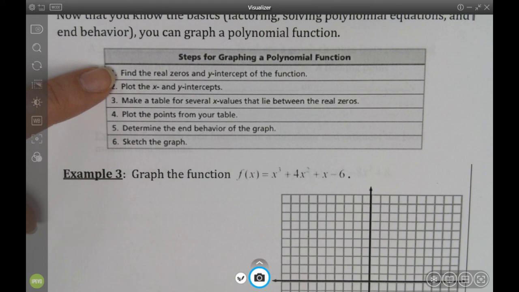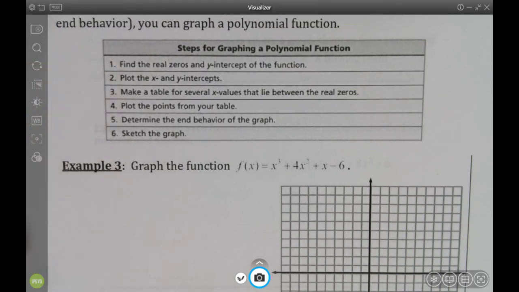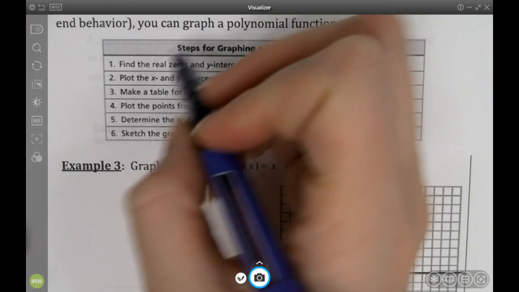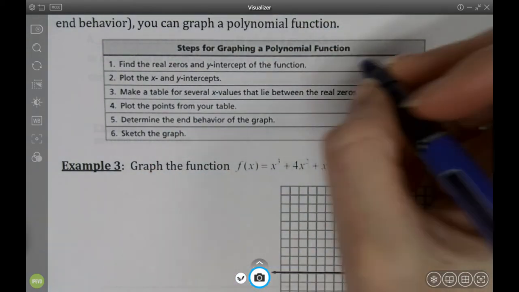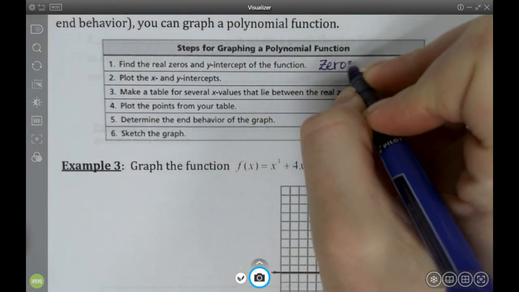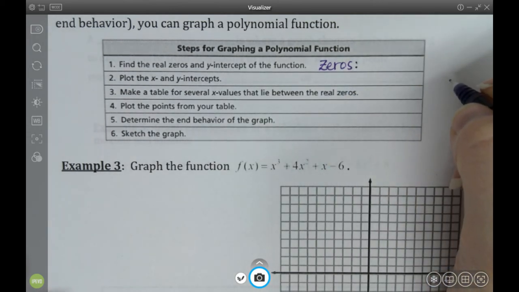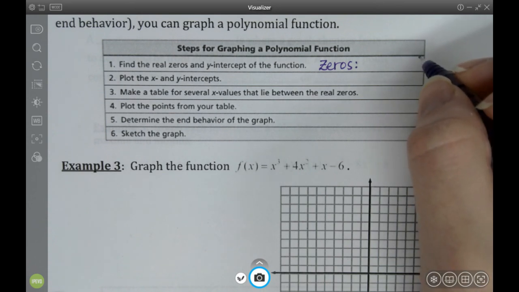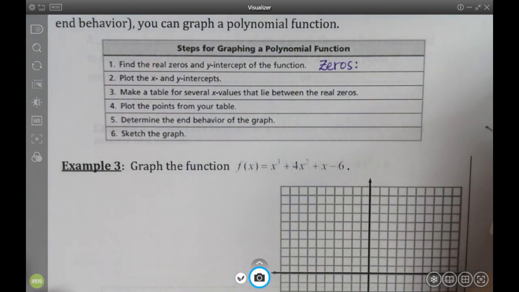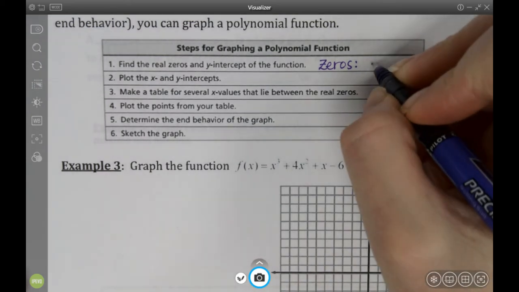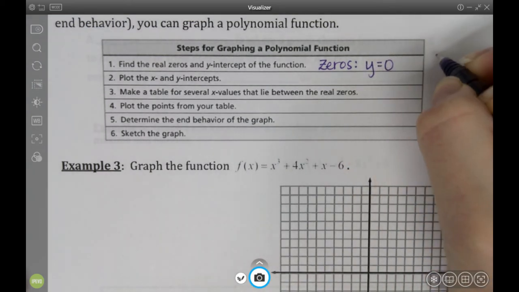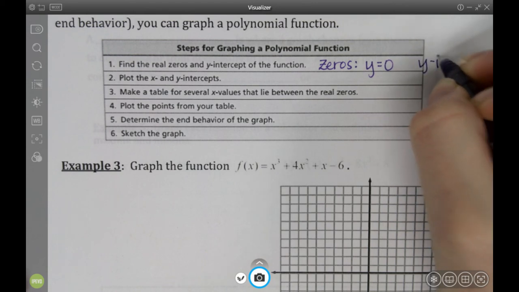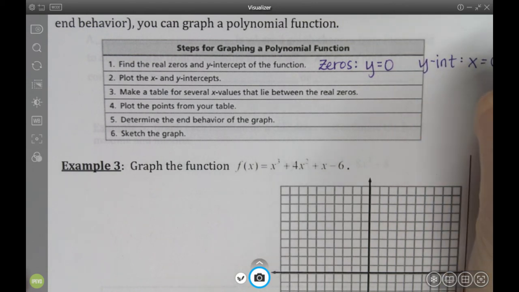Okay, we're going to use the calculator for this. So if I'm trying to find the zeros, let me write it over here. The zeros are where which, x or y equals 0? It's where your y equals 0 because they're on the x-axis. Okay, and your y-intercept is where x equals 0.